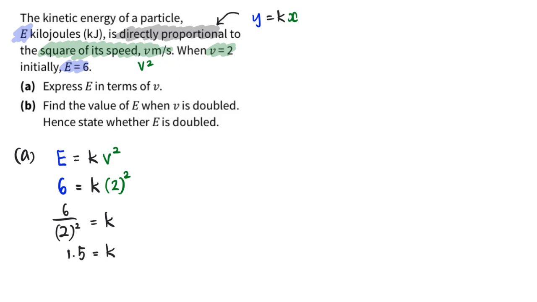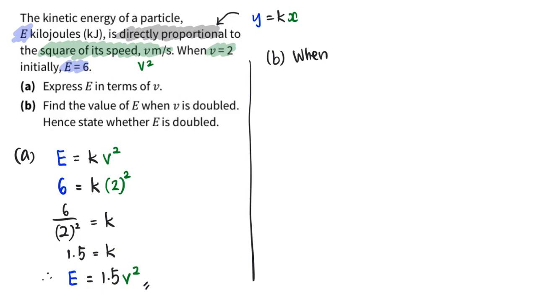And therefore, the answer for part A, E, is equal to 1.5 of V squared. Okay. For part B, find the value of E when V is doubled.